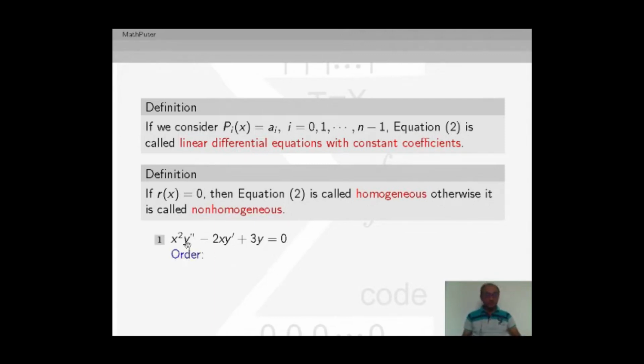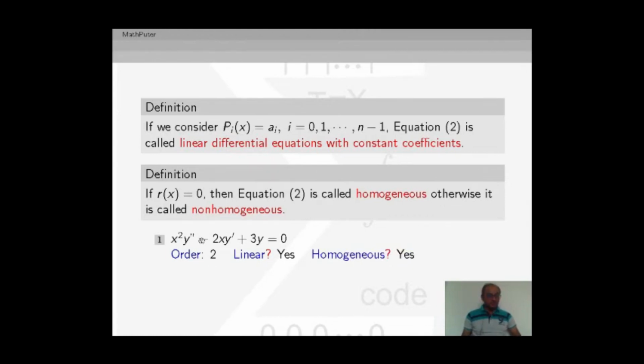We have already seen the order of this differential equation is 2. This differential equation is linear, which we have also seen. Now, what about the right hand side? The right hand side is 0. So when the right hand side is 0, the equation is called homogeneous. So this equation is homogeneous.